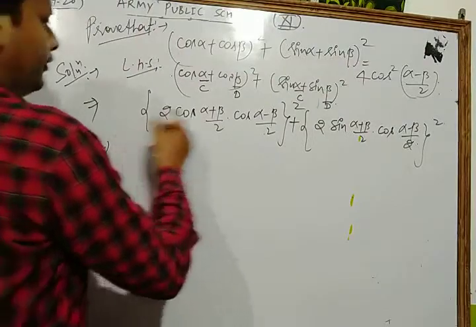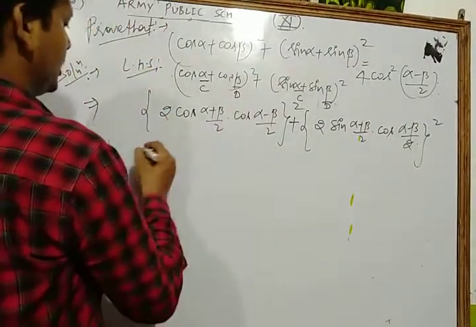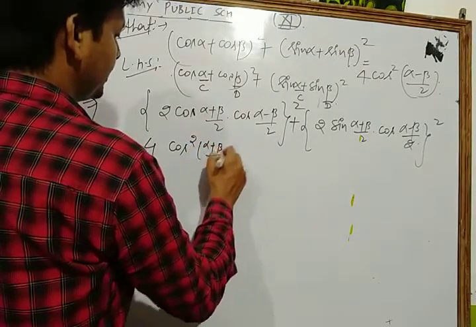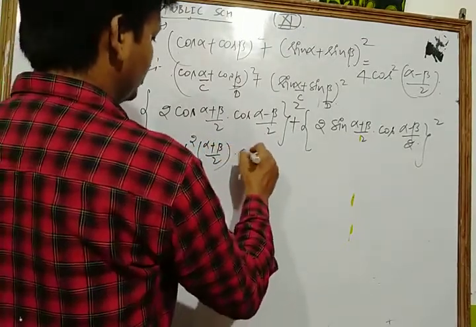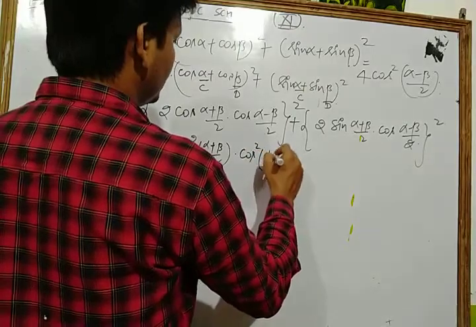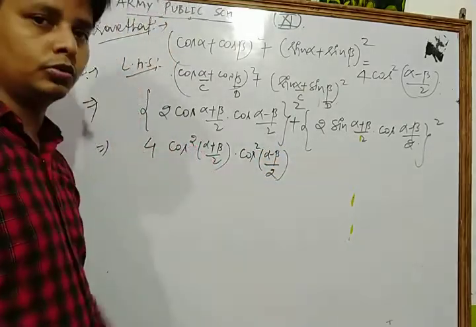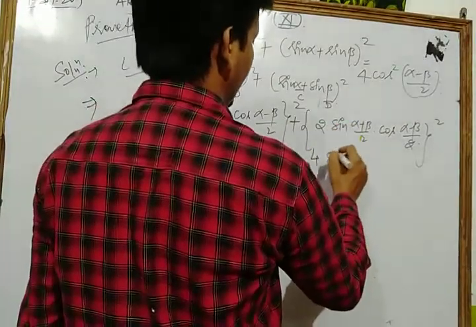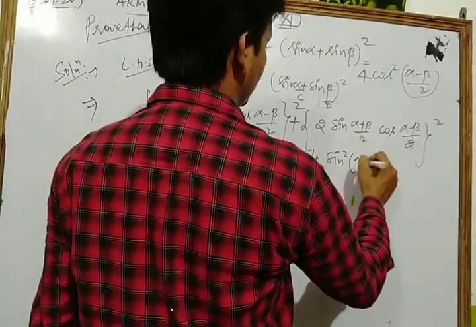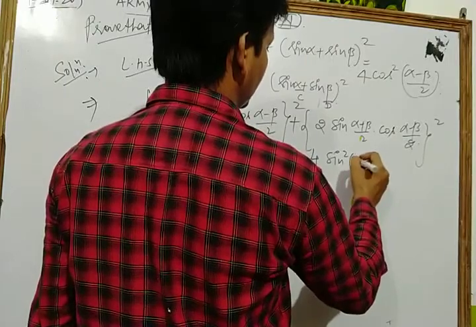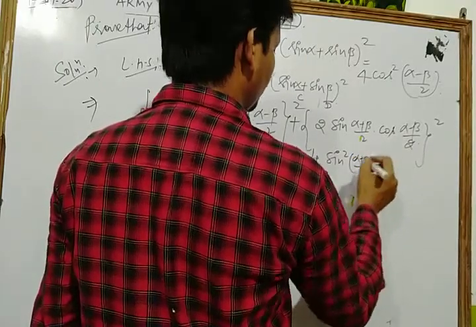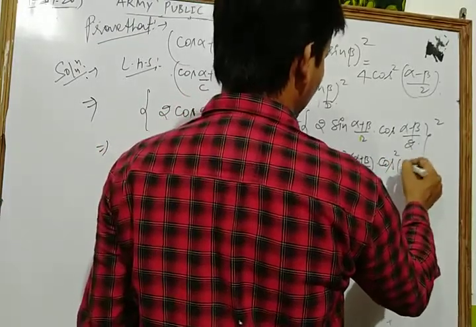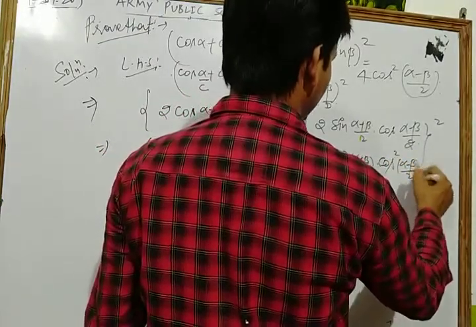If we square that part, then what I get is 2 to the 4 cos square (alpha plus beta) by 2 into cos square (alpha minus beta) by 2, plus 2 to the 4 sin square (alpha plus beta) upon 2 into cos square (alpha minus beta) upon 2.